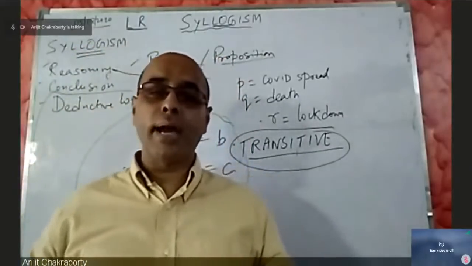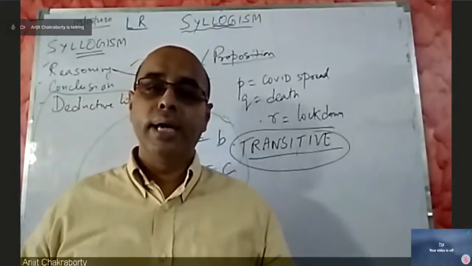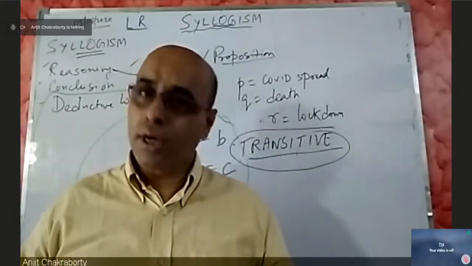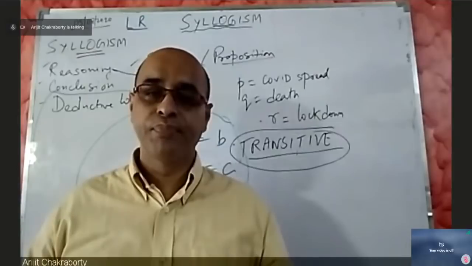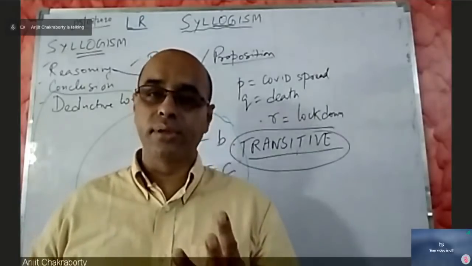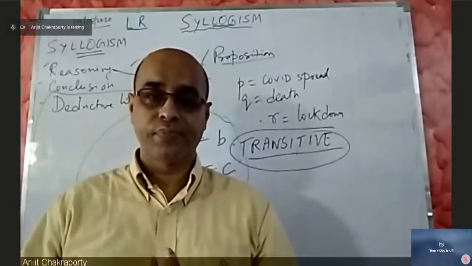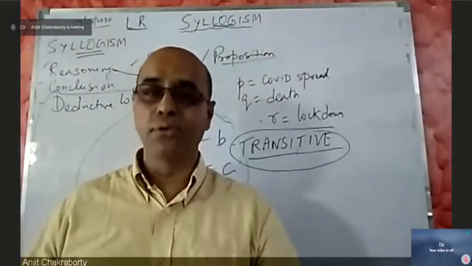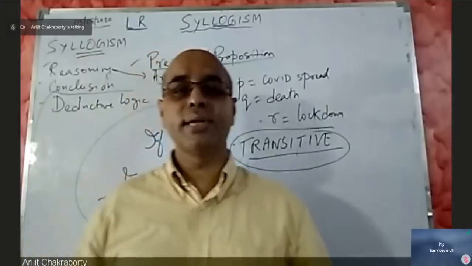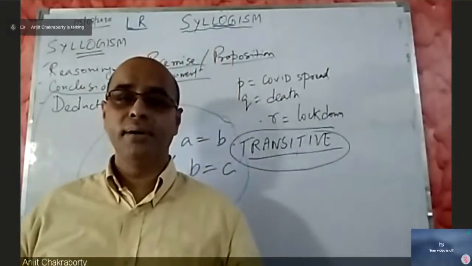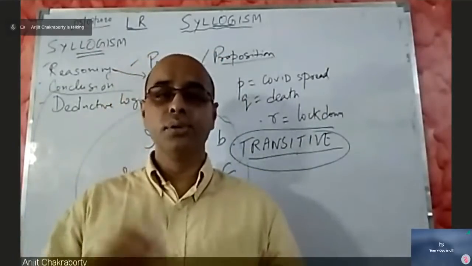You may remember that when we discussed long back about functions and relations, I mentioned 3 relations: reflexive, symmetric, and transitive. I'm sure some of you remember. Reflexive, you remember, 1, 1, 2, 2.